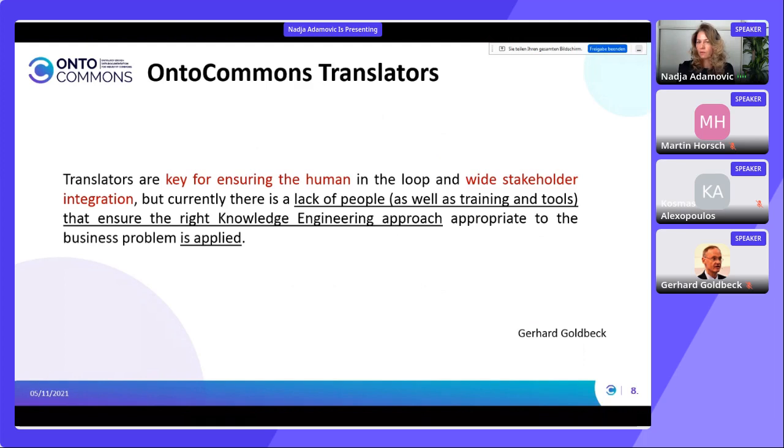Translators are key for ensuring the human in the loop and wide stakeholder integration, but currently there is a lack of people as well as training and tools that ensure the right knowledge engineering approach appropriate to the business problem is applied.